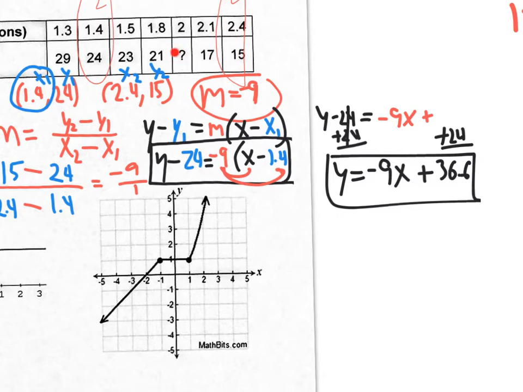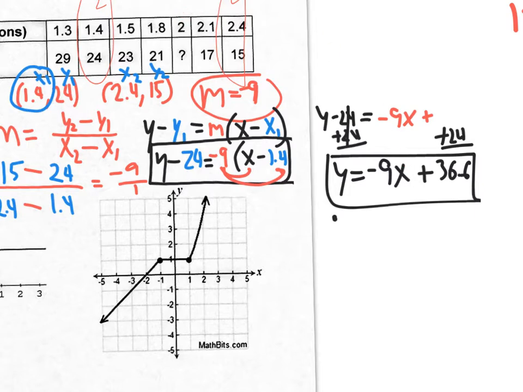So if you want to find the missing output for the input of 2, you could either plug it in here or over here, whichever one you want, depends on which form they give you on your multiple choice answers. I want to go with this guy over here.